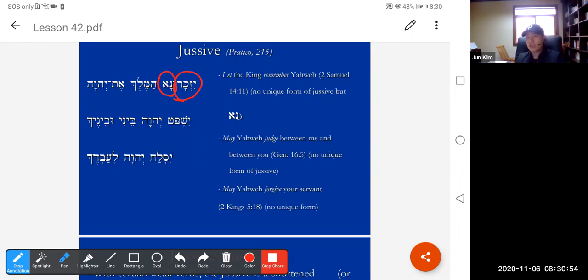Then in order for us to see the possibility of jussive, you need to focus on the context. So you need to start thinking about the jussive possibility first before prefix. And the word yizkor means to remember, right?